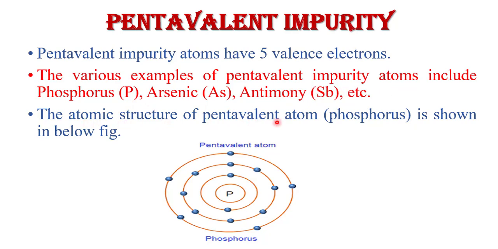The atomic structure of a pentavalent atom, that is phosphorus, is shown here.